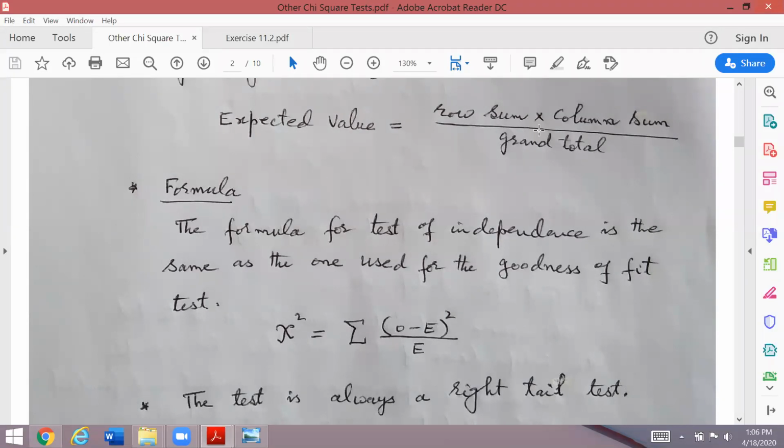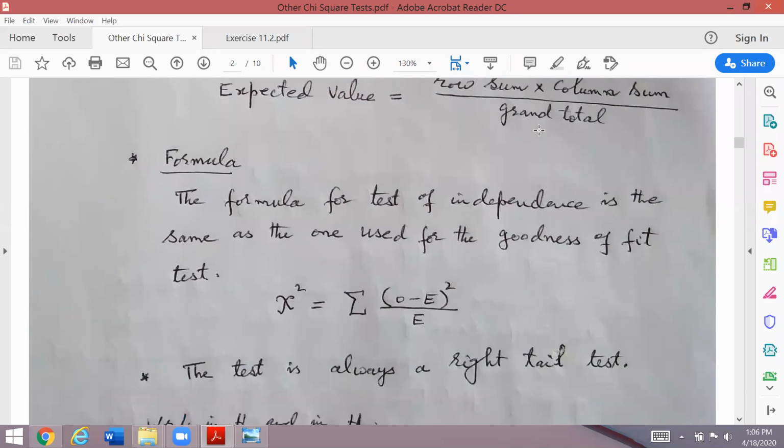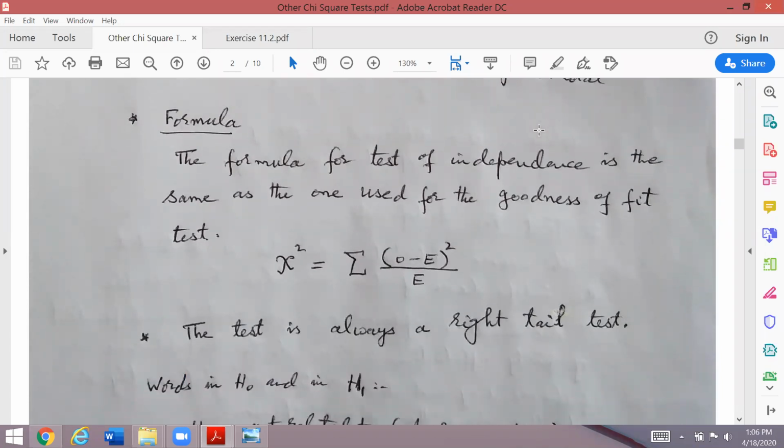Telling you again and again, still students commit a mistake: I have seen students writing O in the denominator. No, make sure there are only two numbers, O and E, and be very careful about where they are placed. So the test is always a right tail test, as I have been telling you.